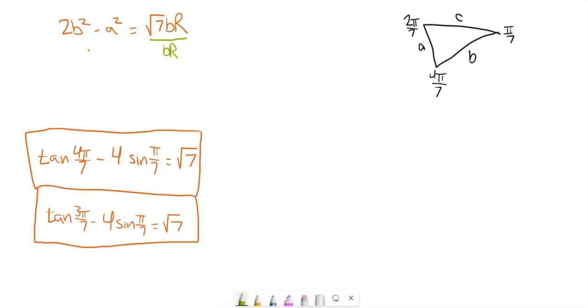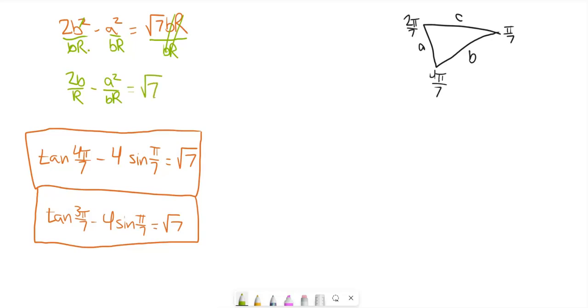We'll divide by br. We want to get that square root of 7 by itself. So here's what happens. The BRs will cancel, one b will cancel out here. So here's what we have: 2b over r minus a squared over br equals root 7.